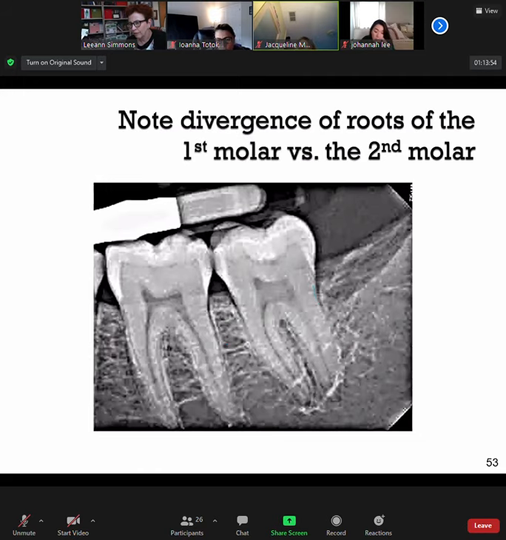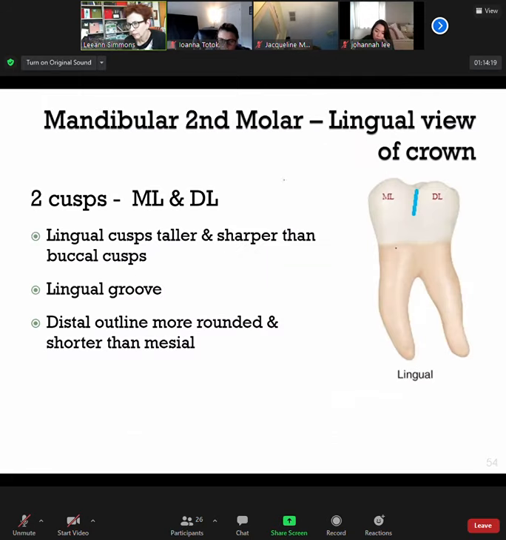Here you see the less divergence of the roots of the second compared to those of the first. They're quite close together. And here is the first. On the lingual aspect, two cusps, mesiolingual and distolingual, just like the buccal.